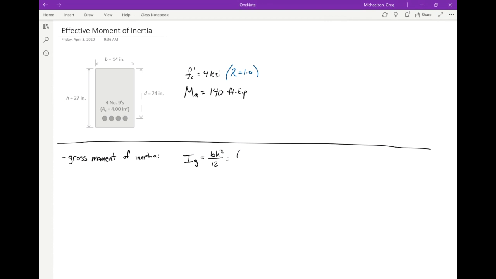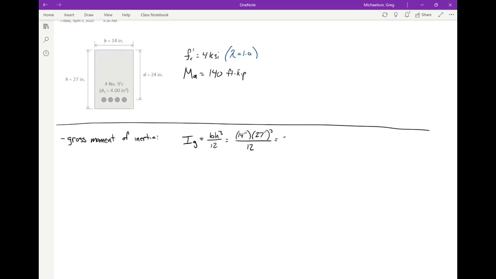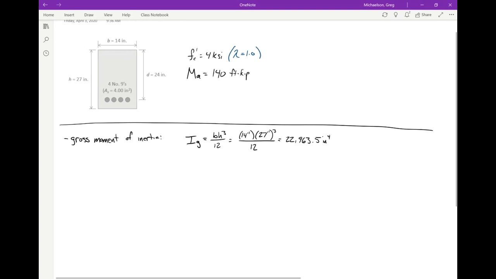B in this case is 14 inches, H is 27 inches, and that's cubed over 12. So 14 times 27 cubed over 12, once you plug and chug that out, comes out to 22,963.5 inches to the fourth. That one's pretty easy.